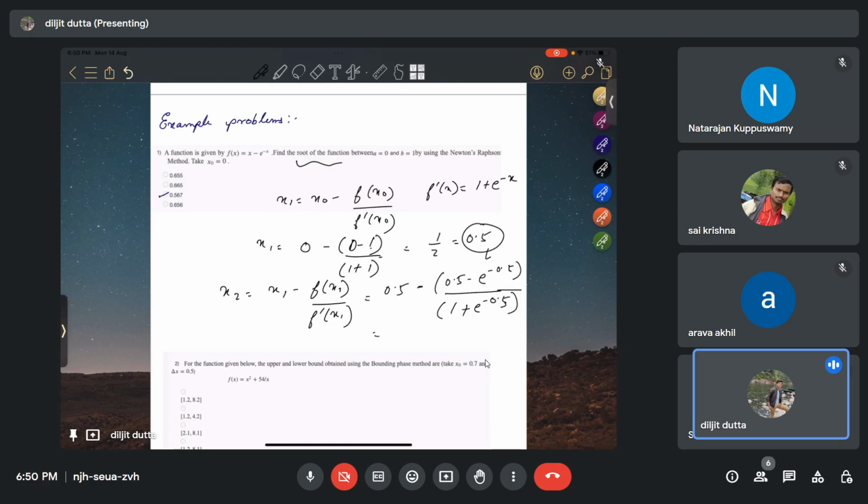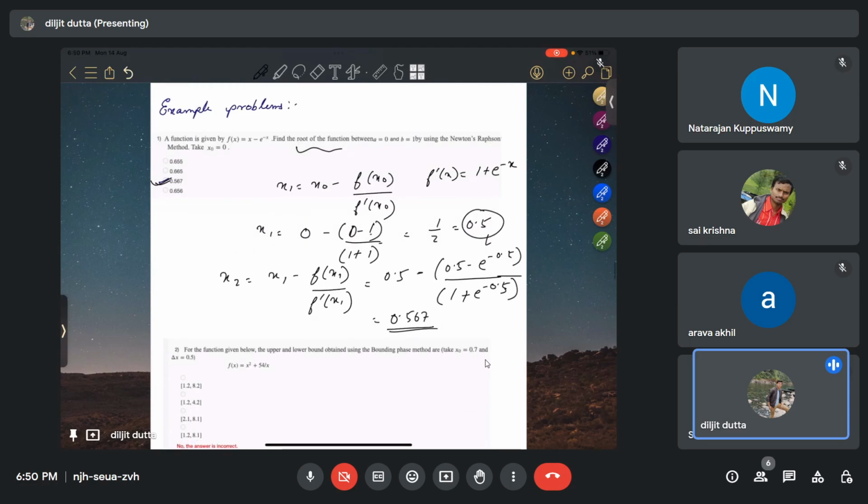If you do the calculation, it will come as 0.567. So this is the correct answer, 0.567. It's a very simple problem. It's just calculating the function values for this Newton-Raphson root formula, not the Newton-Raphson optimum formula.